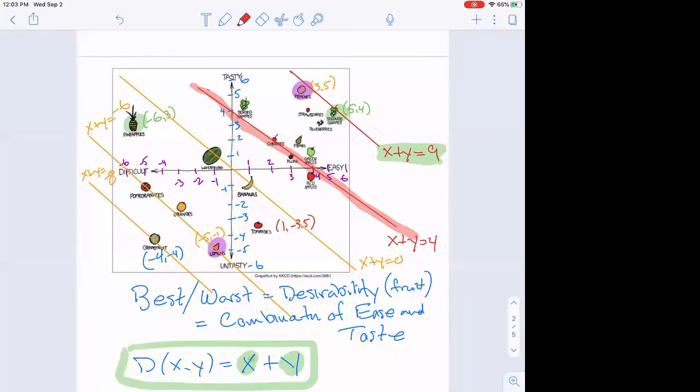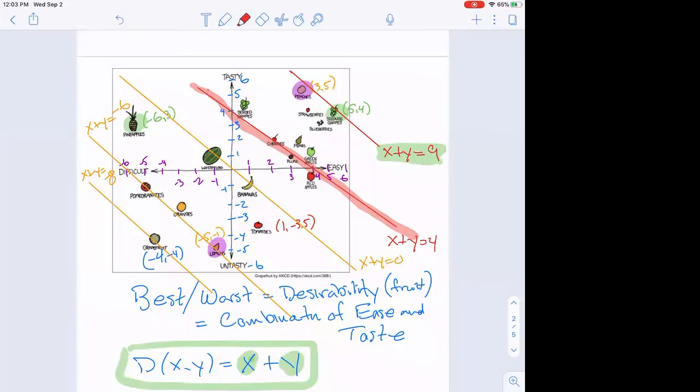Apples aren't as tasty, but are easy to eat. Cherries are a little bit better tasting, but are more difficult. But overall, in the combination of those two things, those are equal. And so you can set up a mathematical equation to figure out which one is the maximum. As you raise this desirability from the lower left line to the upper right line, the value of the desirability gets larger. That's actually a function you can describe.